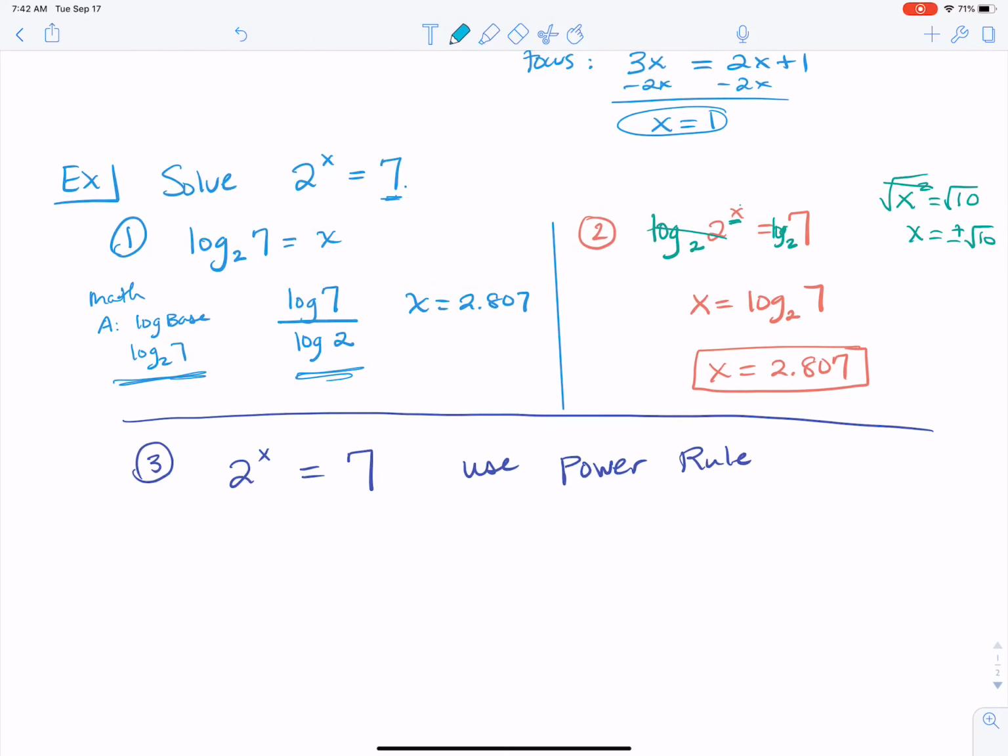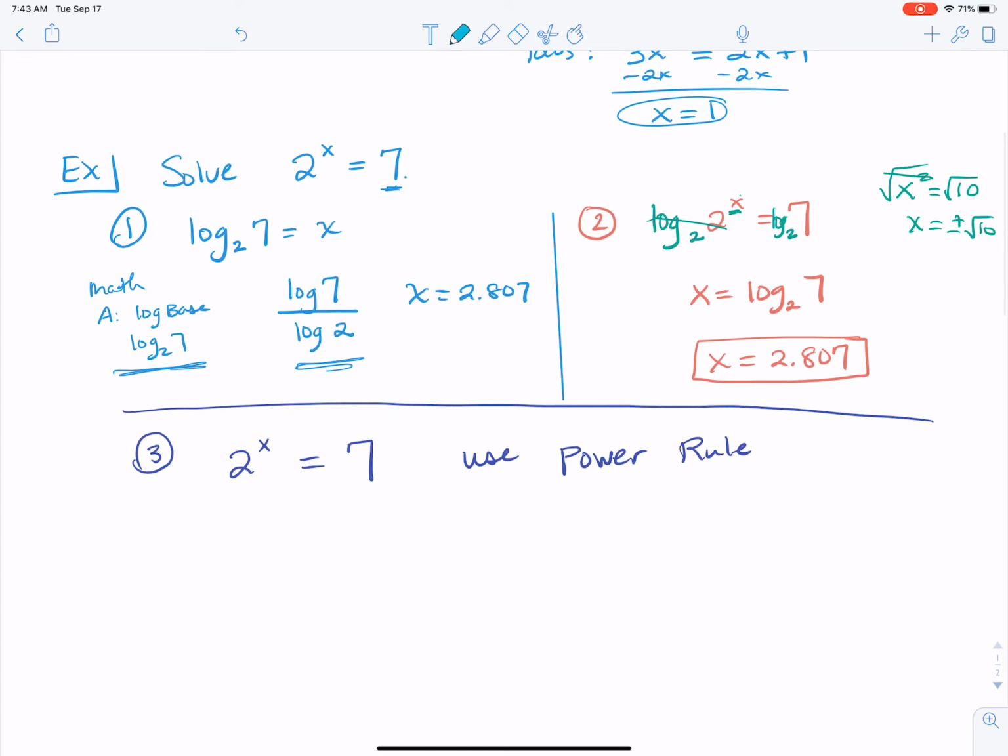So what I'm going to do is I'm going to log both sides, but this time I'm using the common log. You can use the natural log if you want. So a lot of times I use natural log because I'm lazy, and when I do natural log, it's only 2 letters instead of writing log, which is 3 letters. I'll see what I mean in a minute.